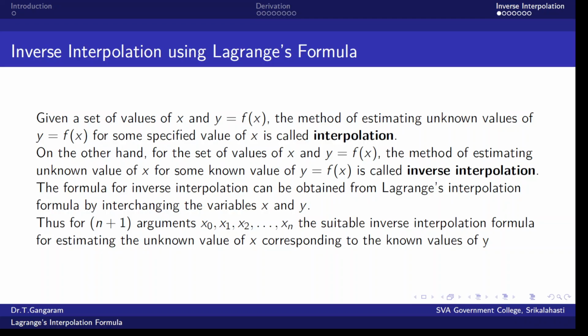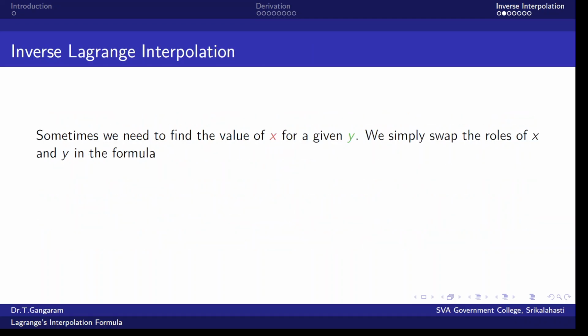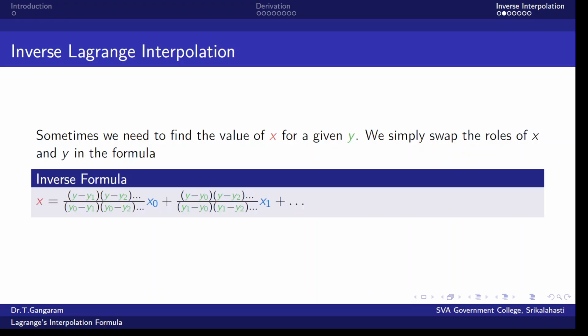In place of x, we use y, and in place of y, we use x. Thus, for n plus 1 arguments x0, x1, x2, so on xn, the inverse interpolation formula estimates the unknown value of x corresponding to the known values of y. Simply, we swap the roles of x and y in the formula.